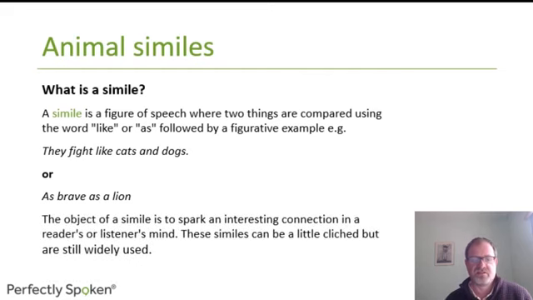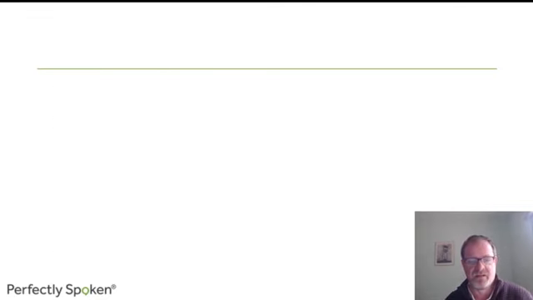So the object of the simile is to spark an interesting connection. However, sometimes similes can be overused. They can become a little cliched, but people still use them, obviously. I'm going to look mainly at similes with as through these examples rather than like.